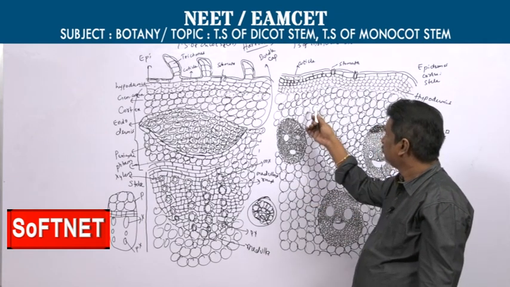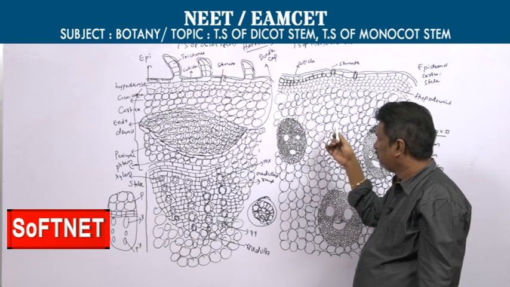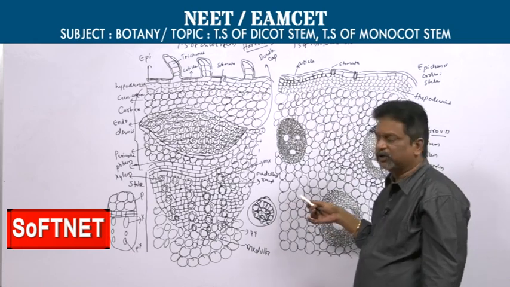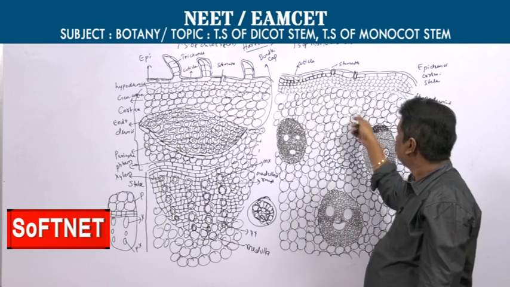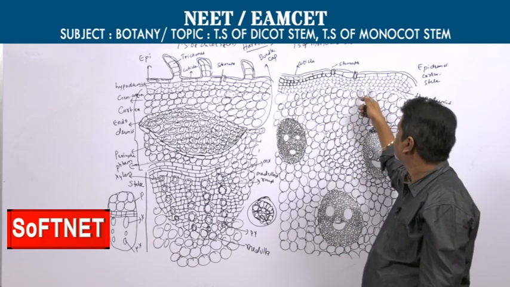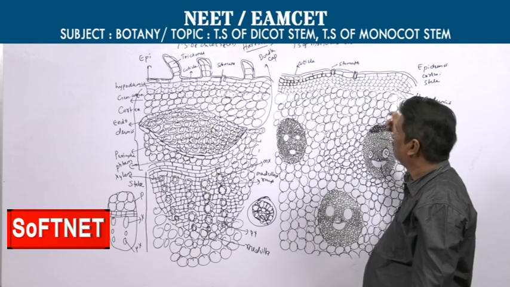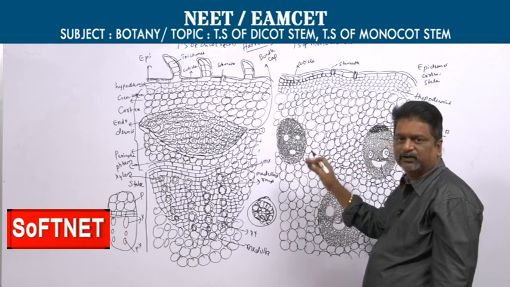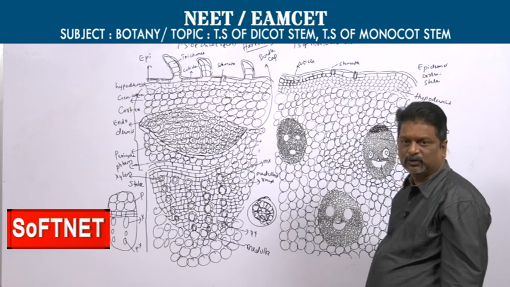So, in monocot stem, general cortex, endodermis, pericycle, medulla, and medullary rays are all absent. The bulk portion of monocot stem is formed by ground tissue, and the cortex is highly reduced, represented only by hypodermis. So, these are the differences between dicot and monocot stem.